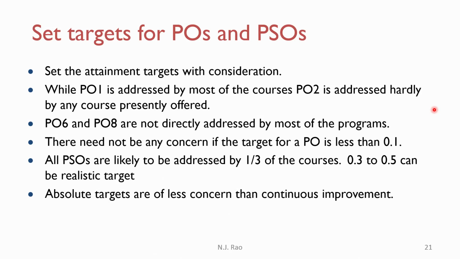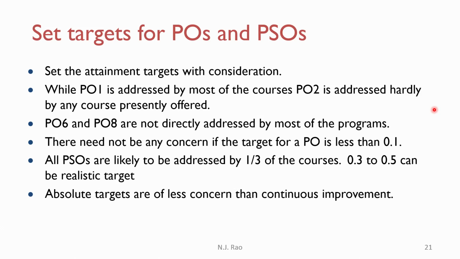To that extent, 0.3 to 0.5 can be a realistic target for a PO. Because we are finally dividing the PO attainments or PSO attainments by the total number of courses, 0.3 to 0.5 is quite a realistic target.